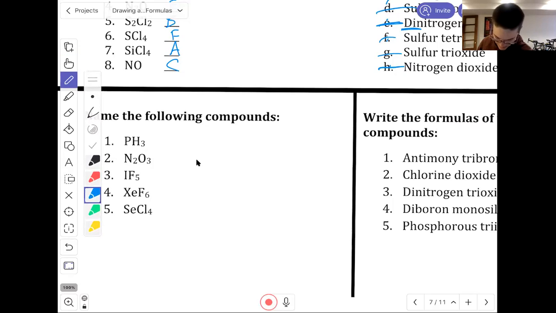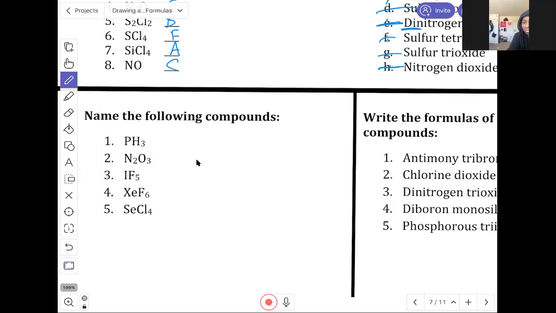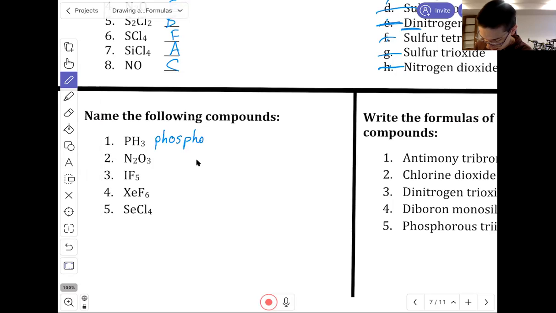Okay, so let's go over these. What is the name of the first one? Phosphorus trihydride. Phosphorus, no prefix there. Tri and hydrogen is hydride. The second one?